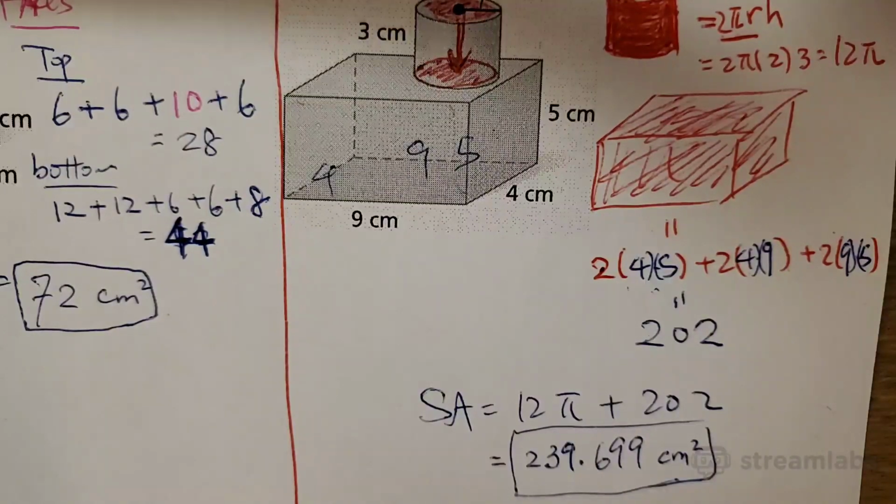Cohen. From the looks of it, it seemed like I don't know what you did, to be honest. How do you get 242? I don't know how you get 242.